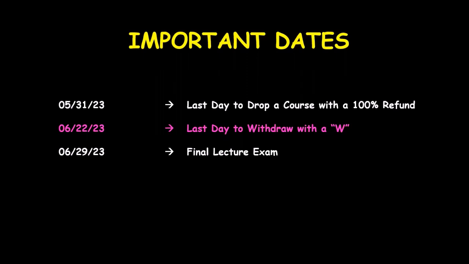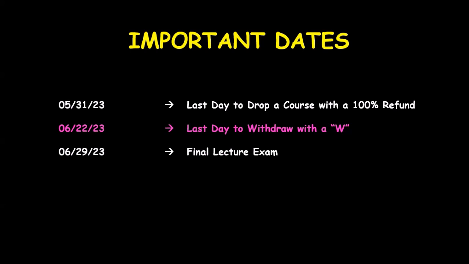So I just want to say that Wednesday, May 31st is the last day that you could drop a course and it does not appear on your transcript, okay? If you wait until afterwards and then you decide to withdraw, you have until June 22nd, the week before your final.